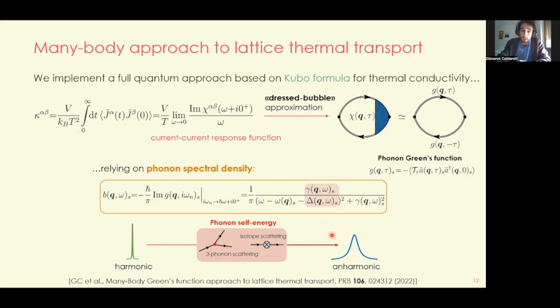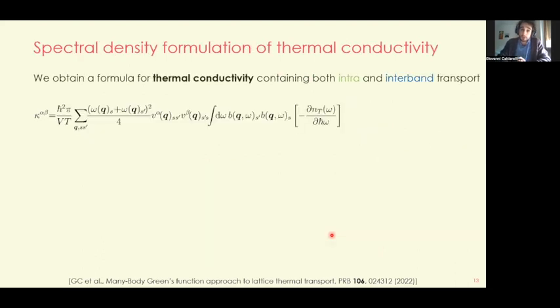With this description, we can derive an expression for thermal conductivity that contains both intraband and interband transport contributions. So it features a double summation over band indices with a combination of phonon frequencies and phonon velocities. But the most interesting part of this formula is this overlap integral between two spectral densities that tells us how to understand whether we can expect to have an interband contribution to thermal transport.